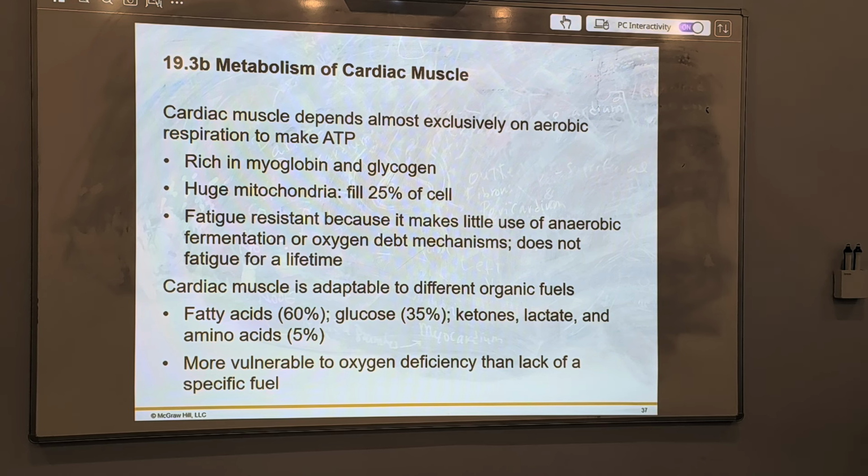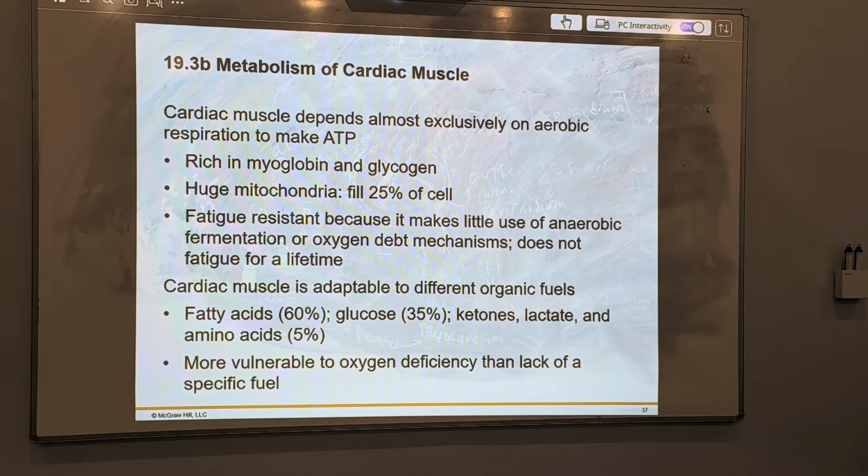Now we need to spend some time to talk about what type of energy macromolecules supply the heart with the fuel that enables it to achieve its structural and functional ability. The cardiac muscle depends almost exclusively on aerobic respiration to make ATP.